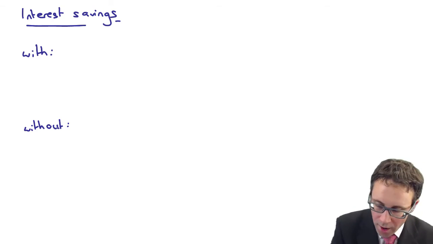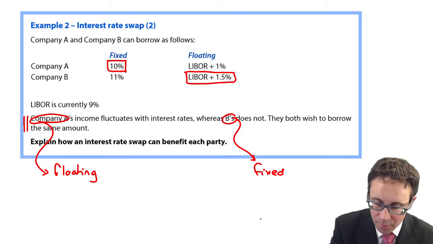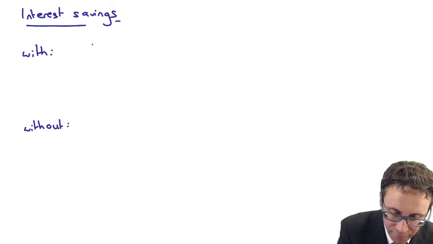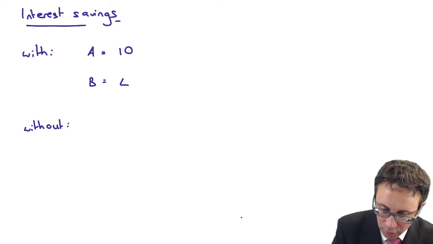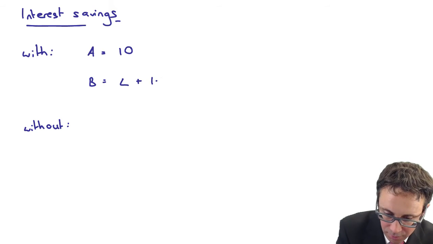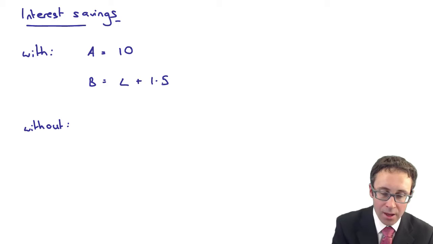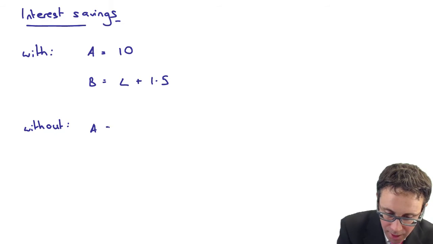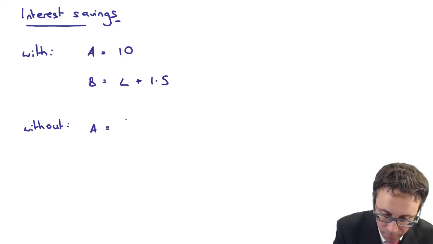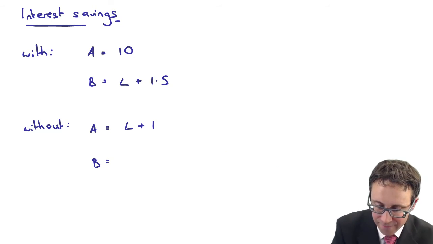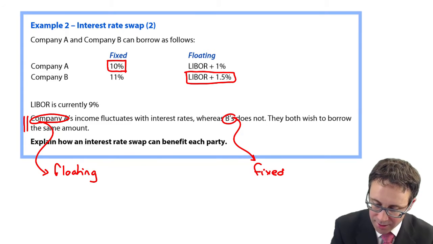With the swap, A was 10, B was LIBOR plus 1.5. Without it, A would borrow floating, and A's floating was LIBOR plus 1, and B's fixed was 11.